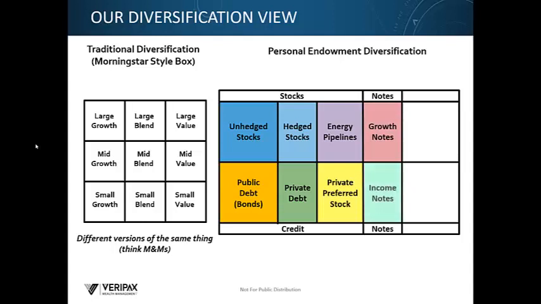Then there's some other things that we can do, and I have a whole separate module on this, which is our bank notes, which tend to be customized for our practice. In general, what these allow us to do is define our outcome over a span of, call it 5 or 6 years, and in exchange for defining our outcome, saying that we'll be okay with, let's call it a 9% return, we can give up a lot of our downside or the risk of losing money.